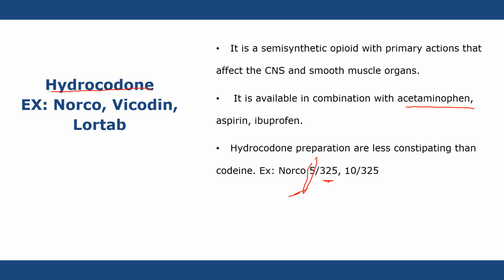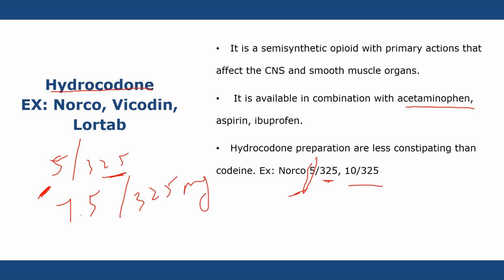Remember, the first number was acetaminophen, like 300 milligrams, and then codeine was 30 or 60, if it's a Tylenol 3 or 4. Here, 5 milligrams is the hydrocodone, 325 is acetaminophen, and it comes in a 7.5 milligram as well. And the number of acetaminophen milligrams will not change. That will still be 325.